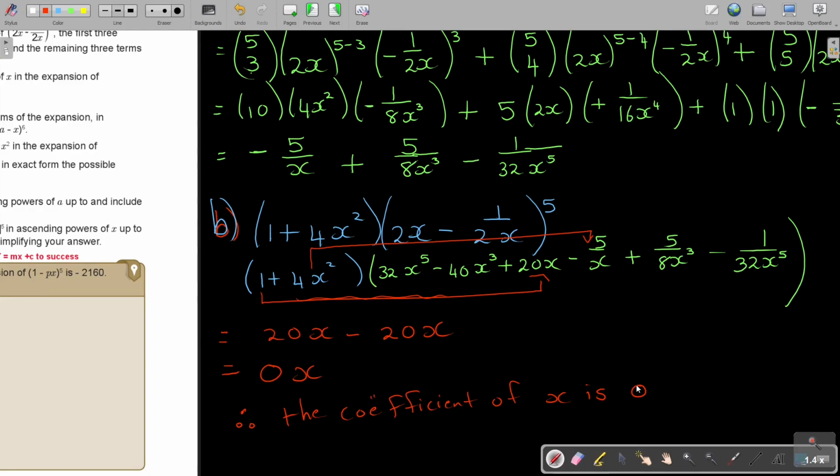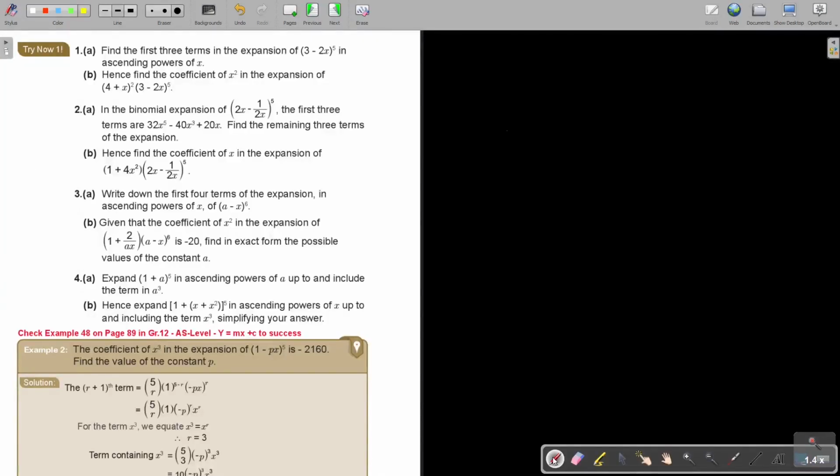Let's go to number 3. Write down the first 4 terms of the expansion in ascending powers of x of this. Okay, so let's start. Number A. So it's going to be a minus x to the power of 6.